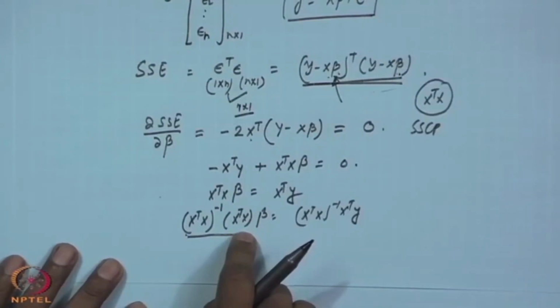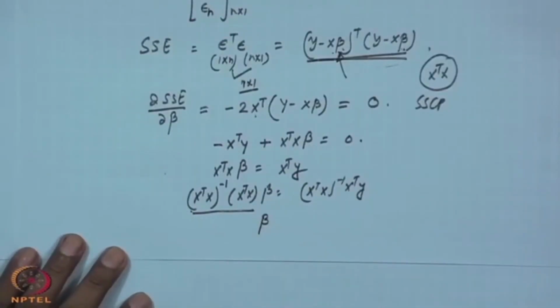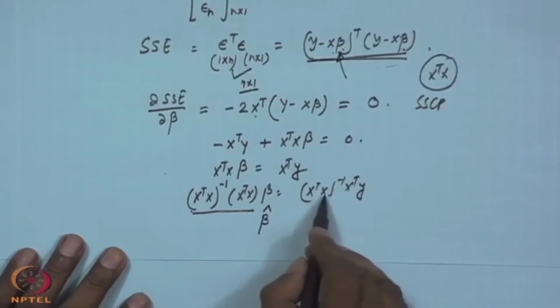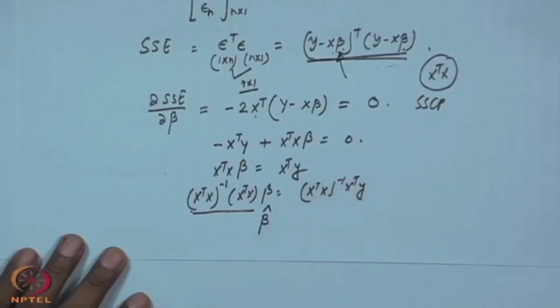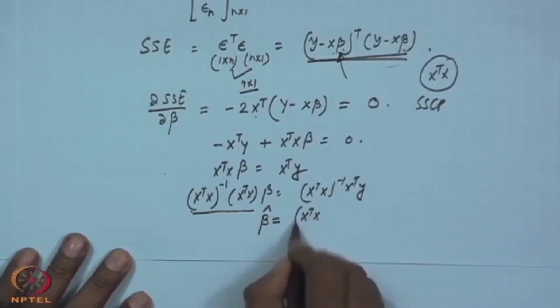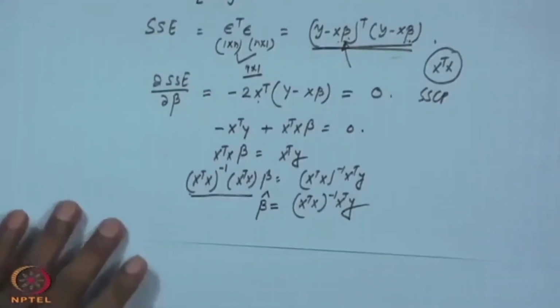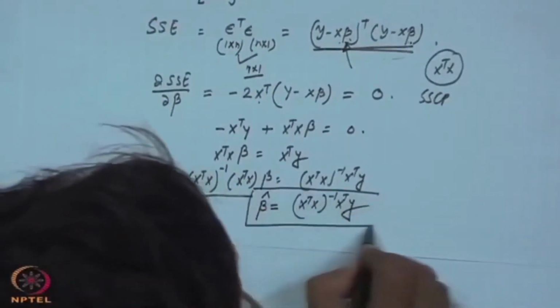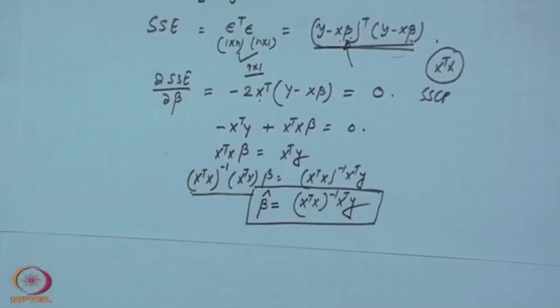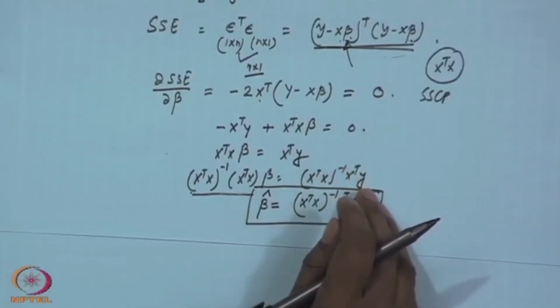So this one is the identity matrix. So I can say that beta, we are now writing beta cap, because x and y are fixed values collected from the sample. So this will become x transpose x inverse x transpose y. Okay, so this is your formula for estimating regression coefficients. Getting me? I will show you one example for the estimation part.